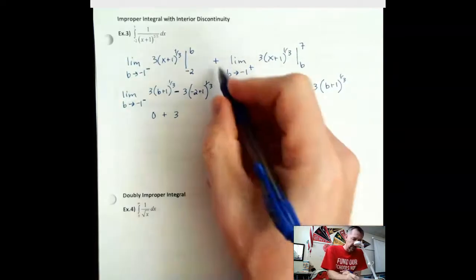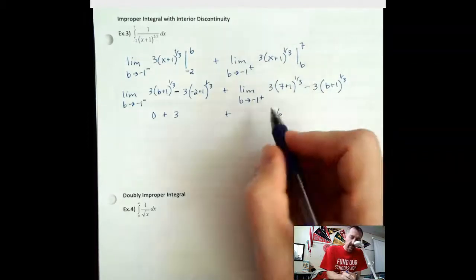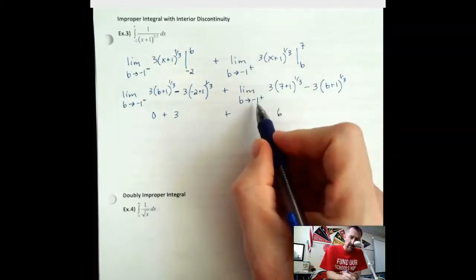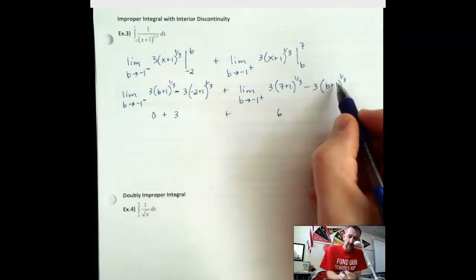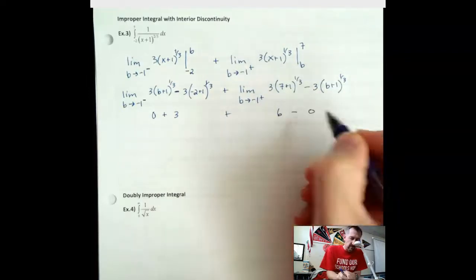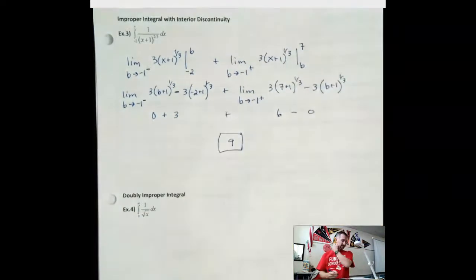And that's plus. This is plus. And now if we plug in -1 just to the right of -1, that would be negative 0.99999, which is pretty much going to make that 0. So that's going to be 9.